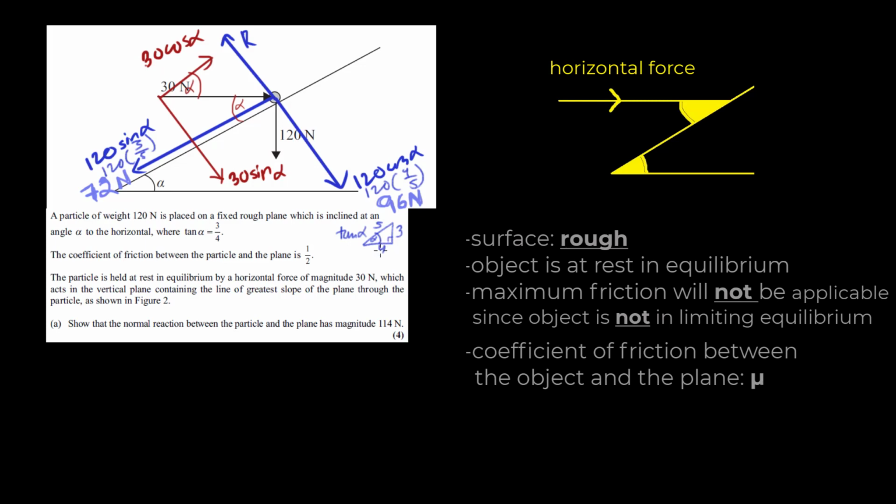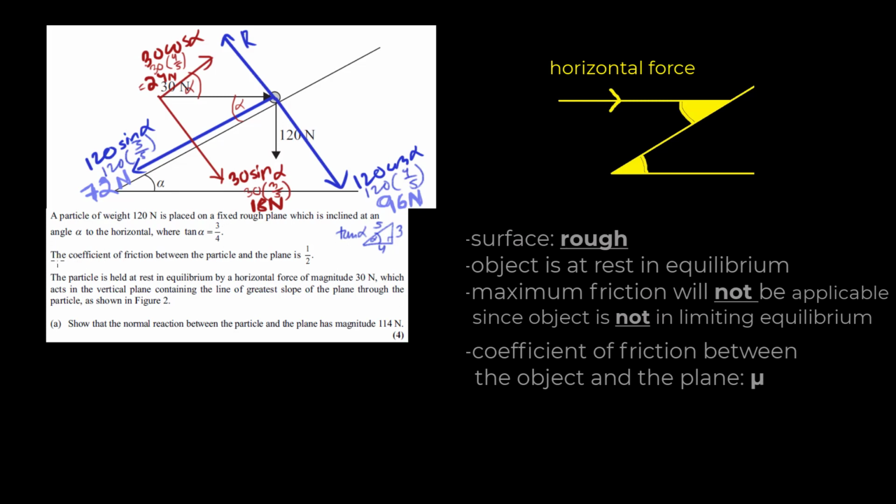Cos alpha means 4 by 5, so this is going to be 30 into 4 by 5, and this is going to be 30 into opposite by hypotenuse, 3 by 5. So this is going to be 6 into 4, that is 24 Newton. That is going to be 6 into 3, 18 Newton. So after calculation this is going to be 24 Newton, and this is going to be 18 Newton.